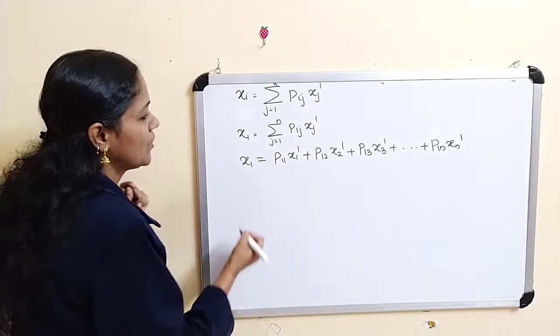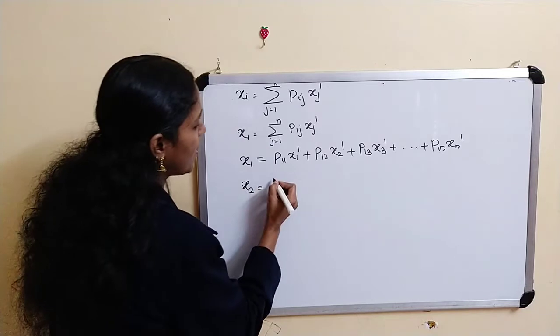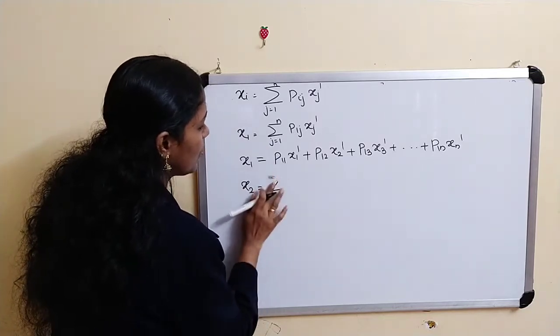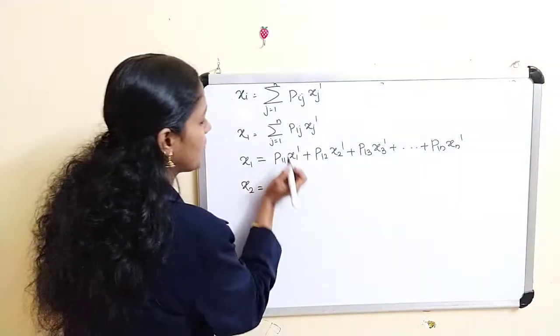So what about x2? x2 is equal to sigma j equal to 1 to n p2j xj dash.